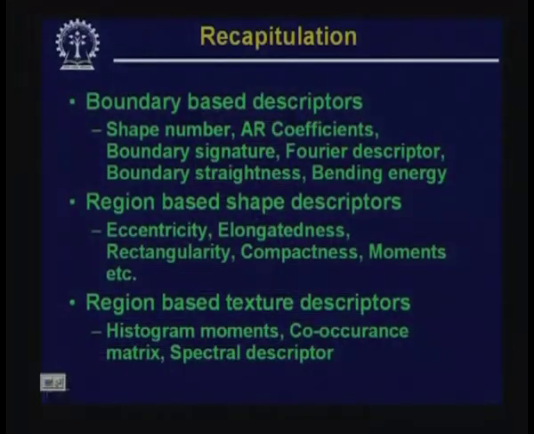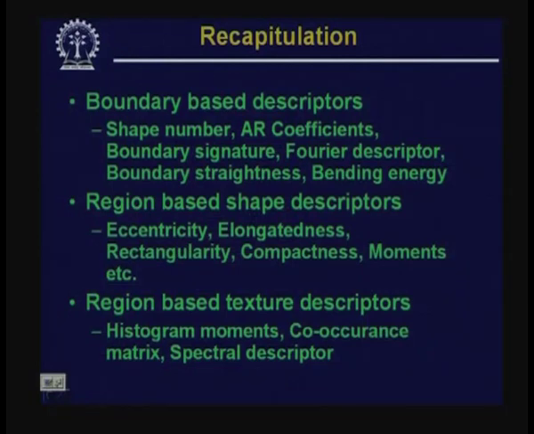Then the corners or vertices in this polygon are represented by an auto regression model, and by solving a number of linear equations, we can solve for those auto regression coefficients. And this set of auto regression coefficients also acts as a descriptor of the shape.